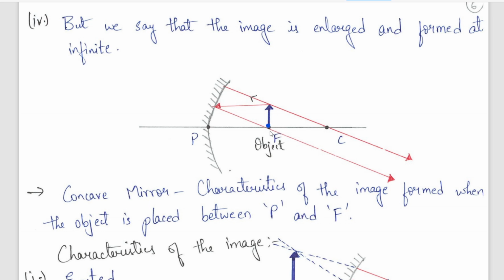So in this you can observe that the object is placed at the focus, and the light ray is falling on the mirror like this. This is the light ray falling on the mirror from the object, and it is reflected back from the focal point, and if you extend this, another ray is also reflecting back from the center of curvature.